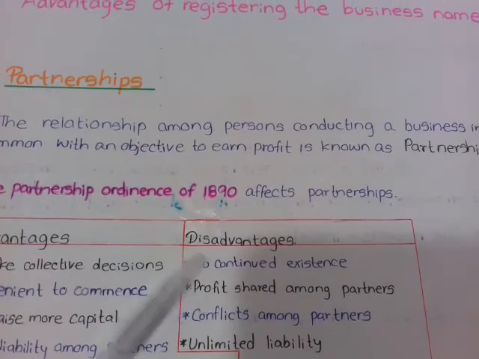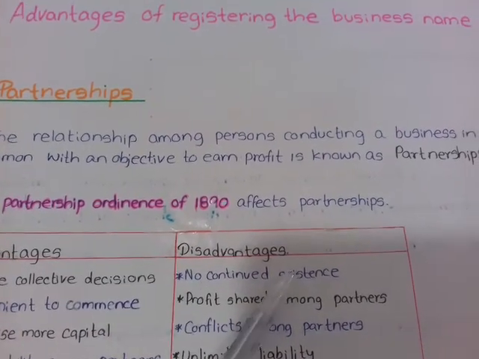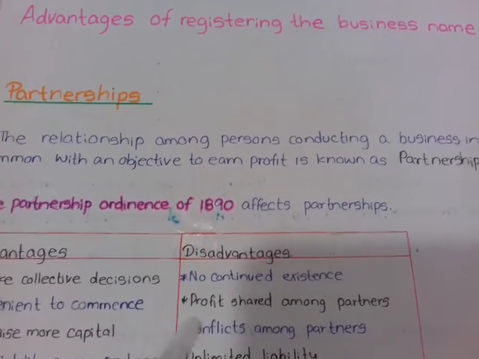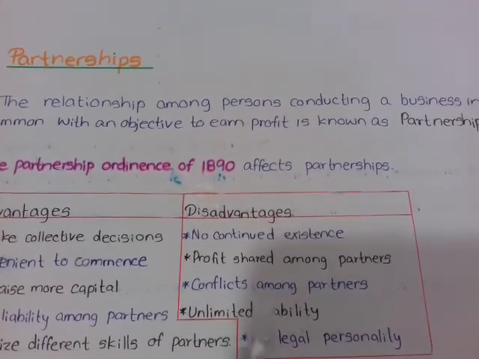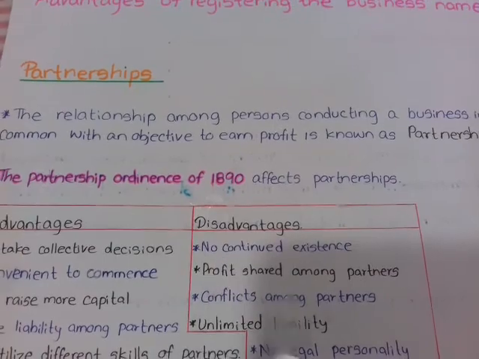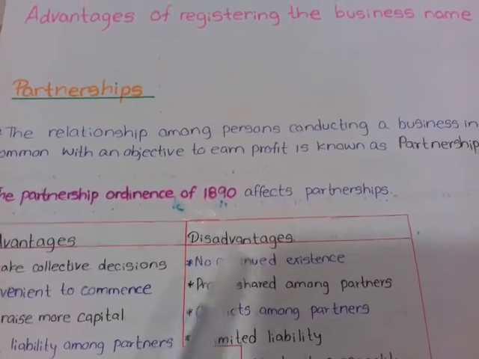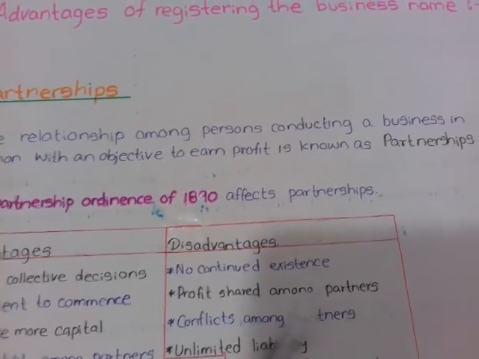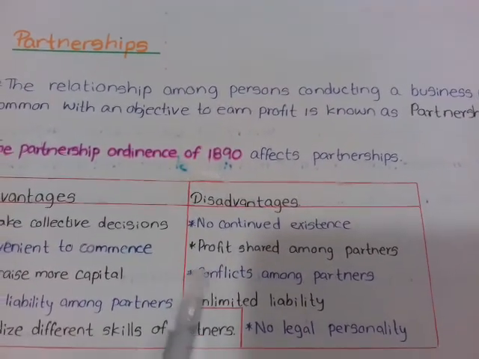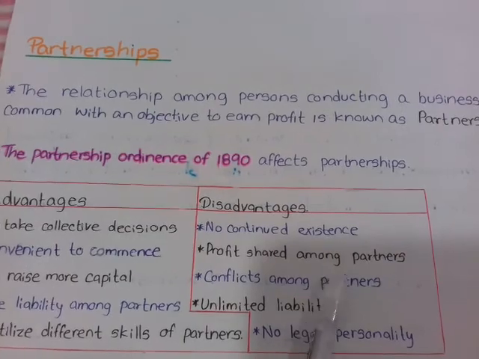And the disadvantages are no continued existence. And profit is shared among the partners. As there are partners in this business, if the business takes a profit, it is shared among the partners. So that is a disadvantage. And conflicts among partners.